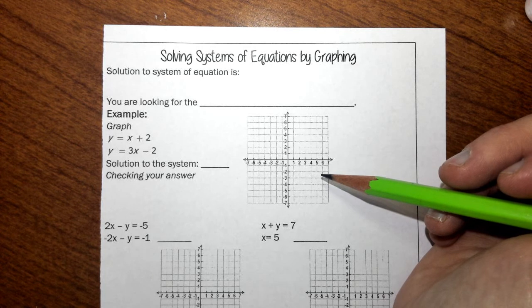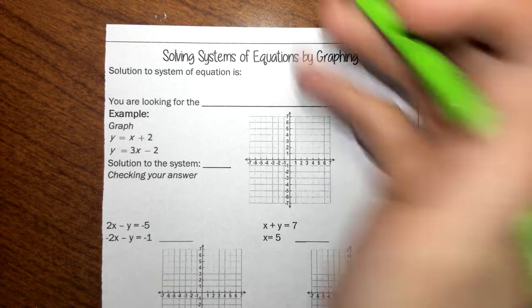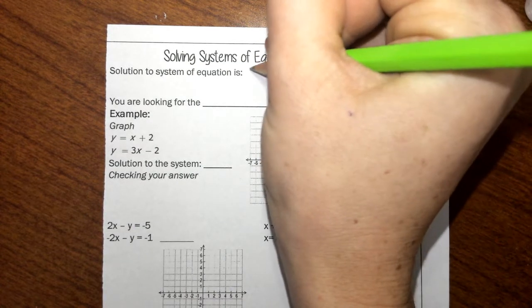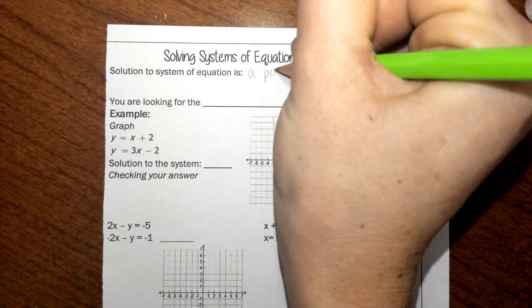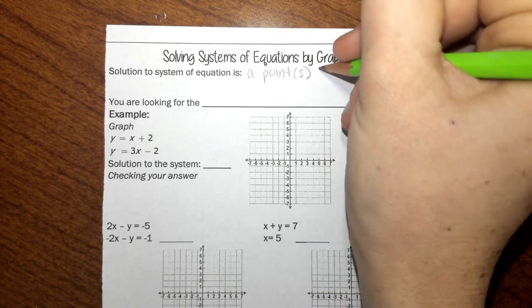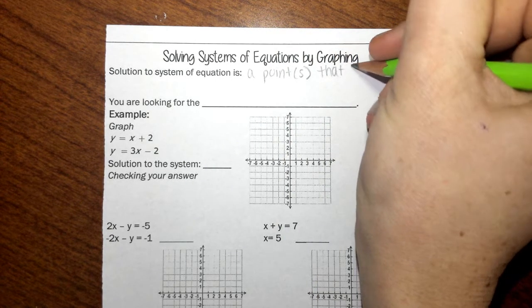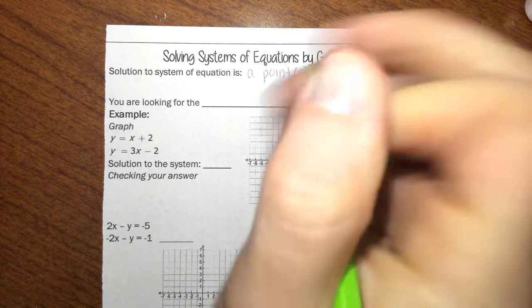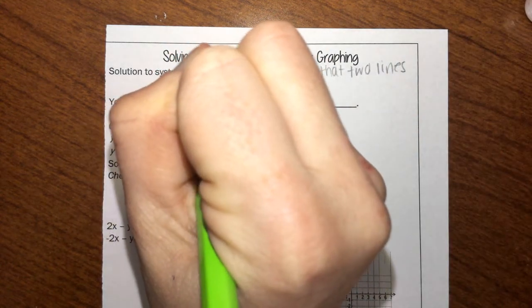So for the first thing, the solution to a system of equations is a point or points that two lines have in common.